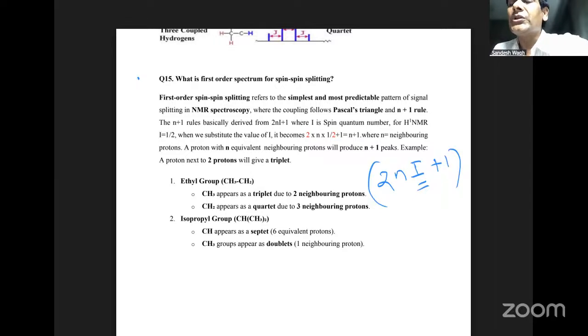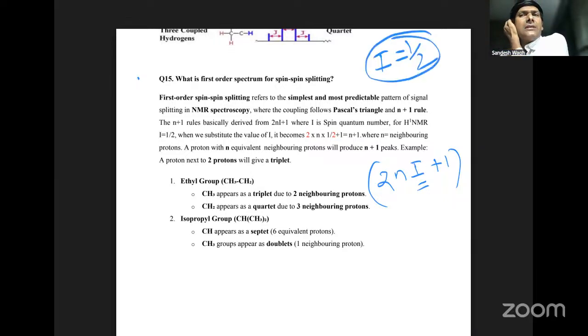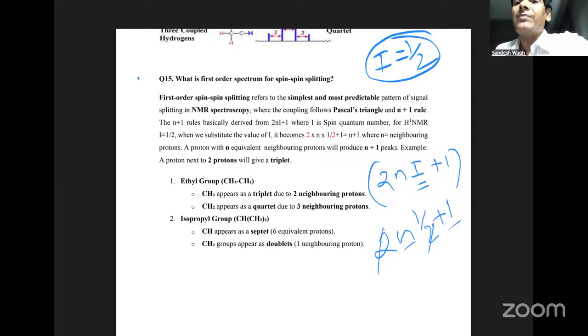As I told you, proton NMR is active for half spin nuclei, such as proton, C13, fluorine, phosphorus. Our interest is PMR, that is proton. So if I is equal to 1/2, then 2n times 1/2 plus 1. So this 2 will get cancelled, remaining n+1. This way n+1 is initiated, and this is what we call the first order rule.